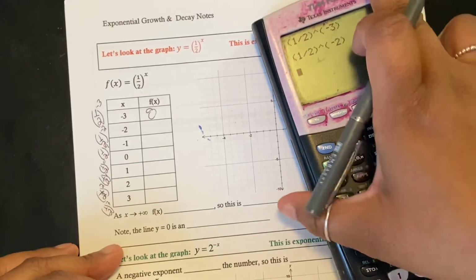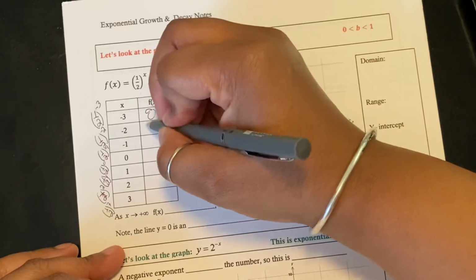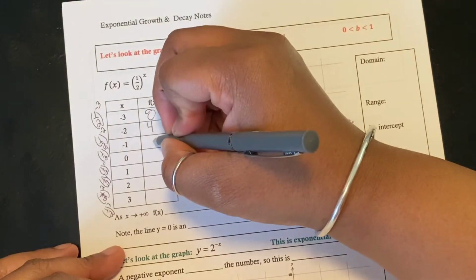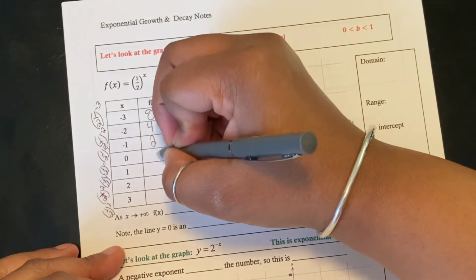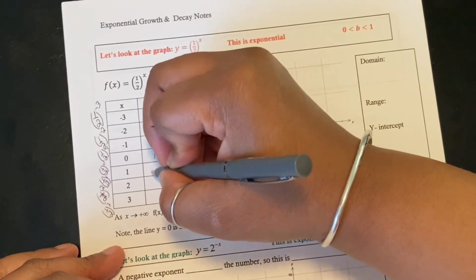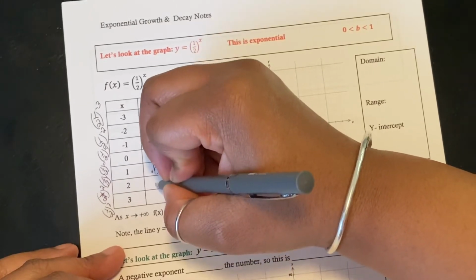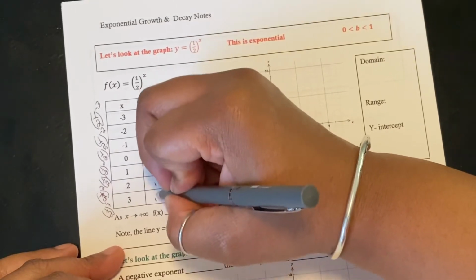And you just keep going. So if I keep going, I get 8, 4, 2, 1, 0.5, 0.25, and then 0.125.